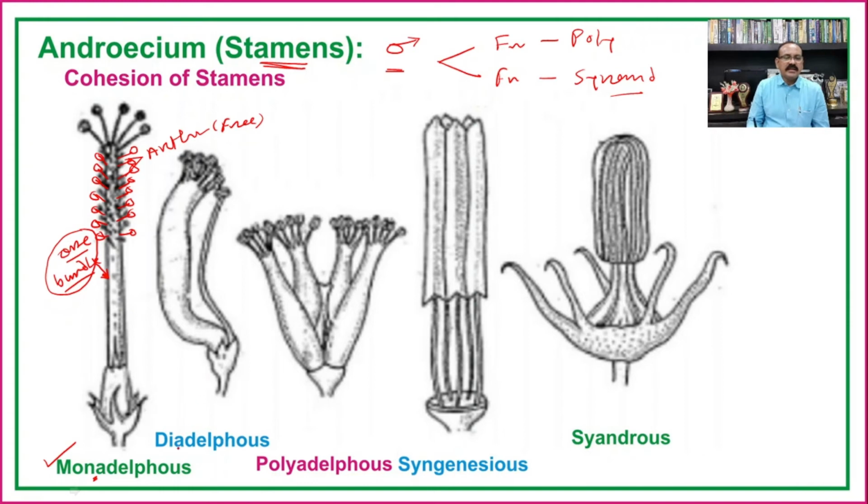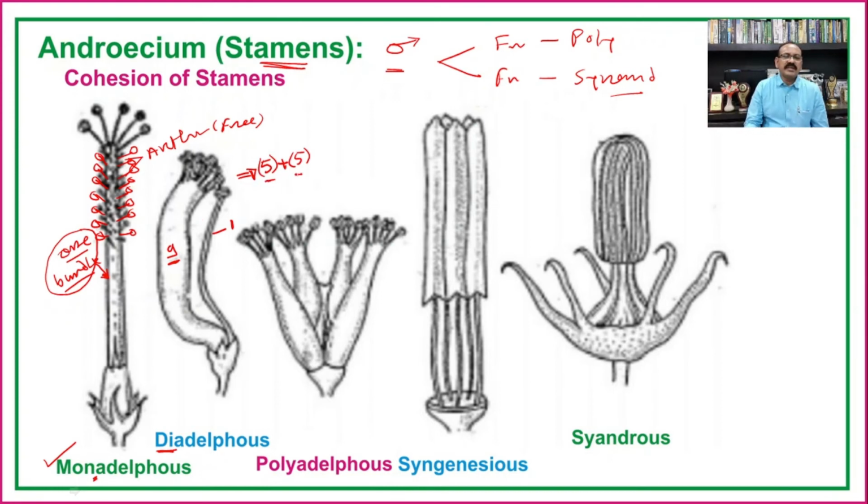In diadelphous, di means two, adelphous means fusion, that is, fusion of filaments into two bundles. Here 9 stamens fuse to form one bundle, and 1 stamen is separate. Or, as I told you earlier, there may be 5 stamens plus 5 stamens, where 5 form one bundle and the other 5 form another bundle.